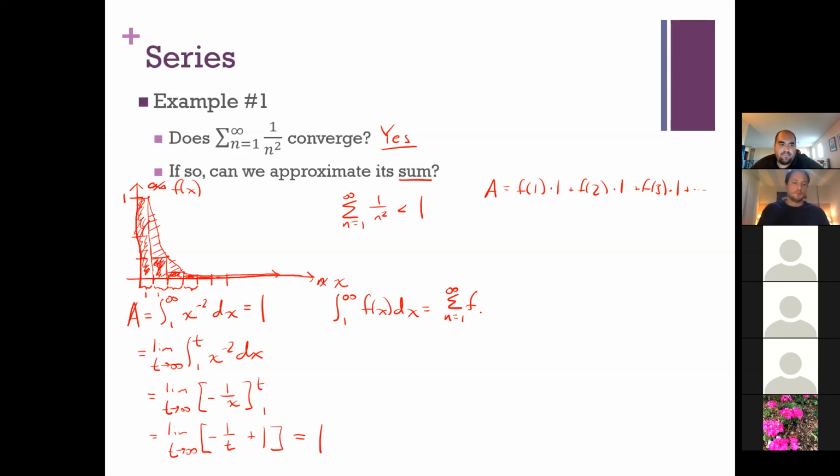And with this series that I'm dealing with, I'm not trying to make the intervals any smaller than one unit in width, but basically what the integral is doing is limiting this.